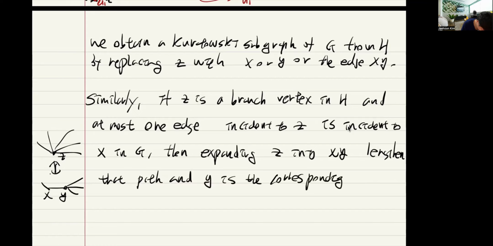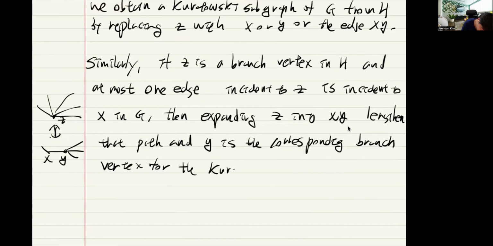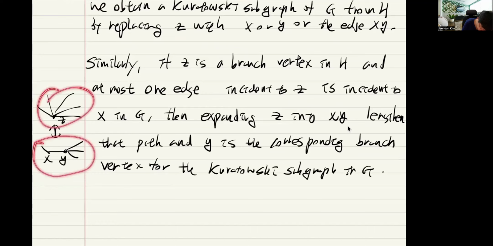And Y is the corresponding branch vertex for the Kuratowski subgraph in G. Simply, from here to here, it's the same as just subdividing this edge, right?